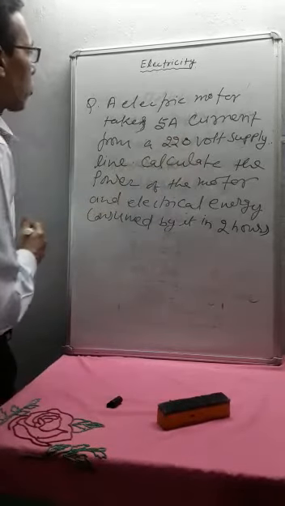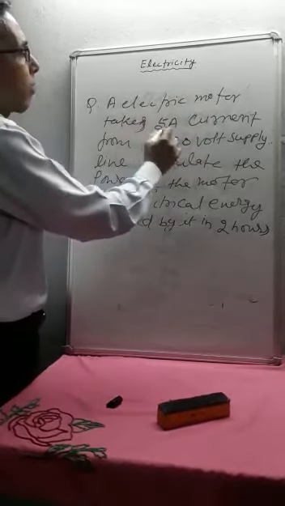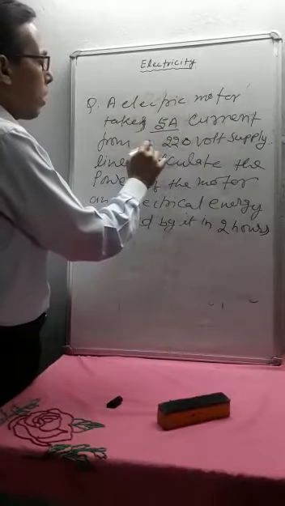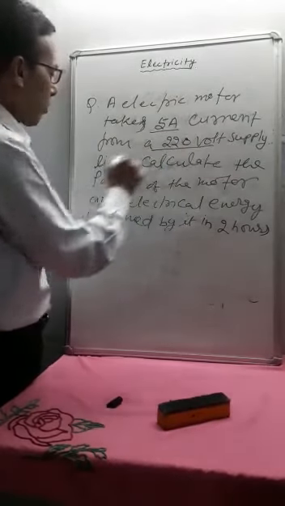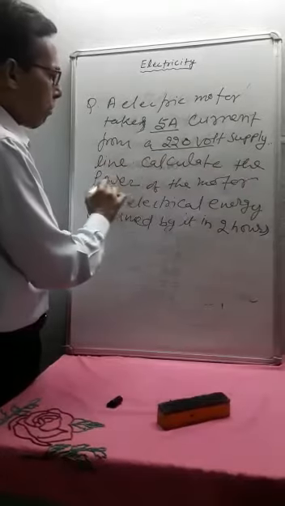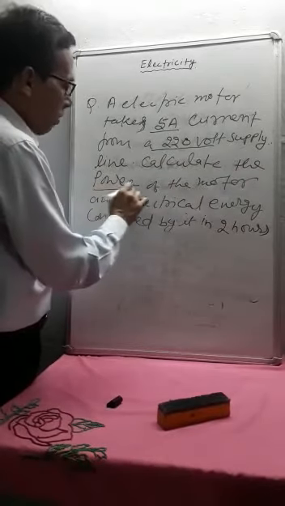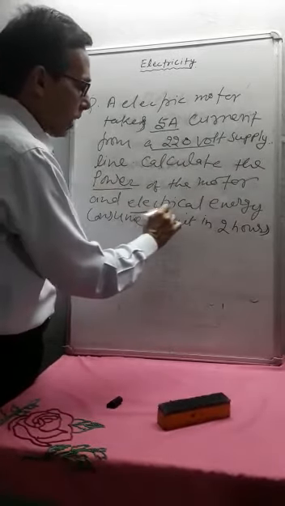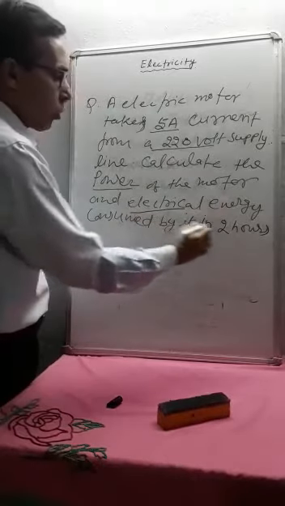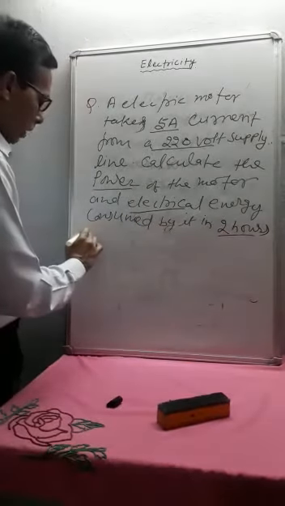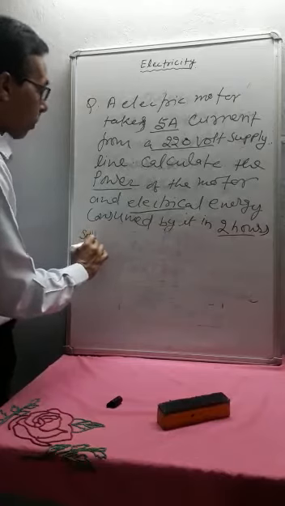Now, how would you solve this question? An electric motor takes 5 ampere current from a 220 volt supply line. Calculate the power of the motor first, then the electrical energy when it is used for 2 hours. So what is the solution of this question?